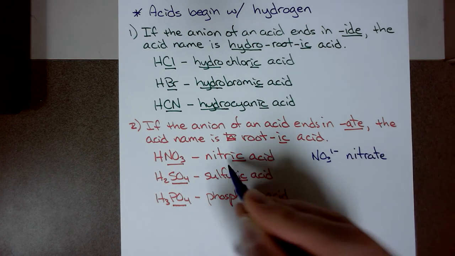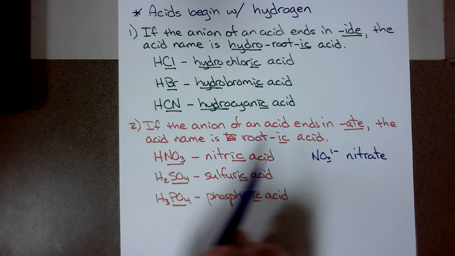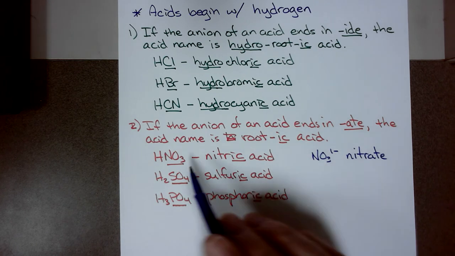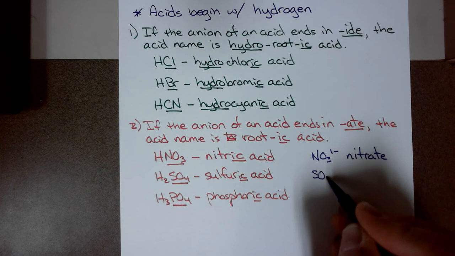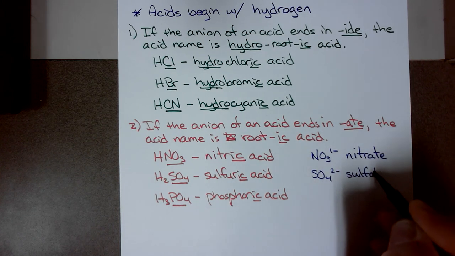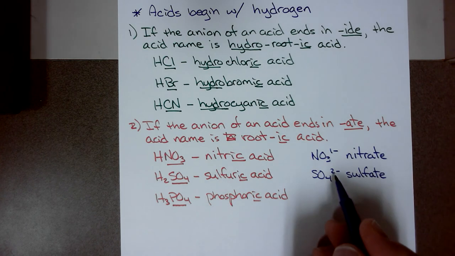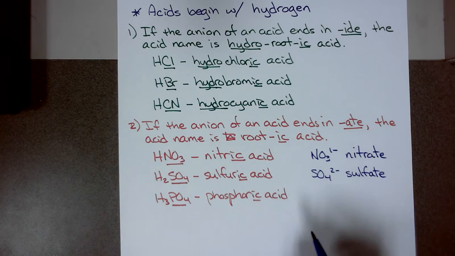So ate goes to ic. That 1 minus, you have to have the same number of hydrogens to match the negative charge, because hydrogens are positive. So over here we had SO4, 2 minus, so that's sulfate. And so I needed 2 hydrogens to match the 2 minus, and so that's sulfuric acid, and so forth.